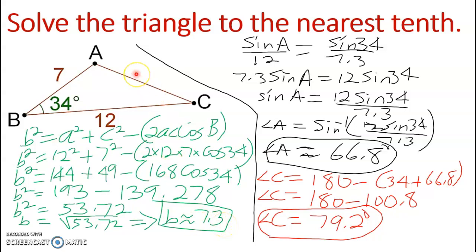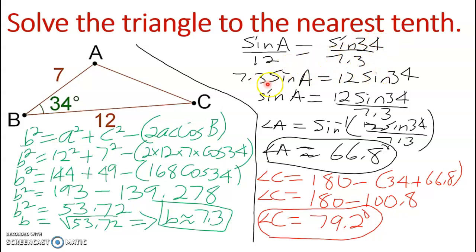Now that we know B, we can use the law of sines, because we know sine of angle A over side A equals sine of angle B over side B. Just plug in the numbers right away, side B, which we just found.